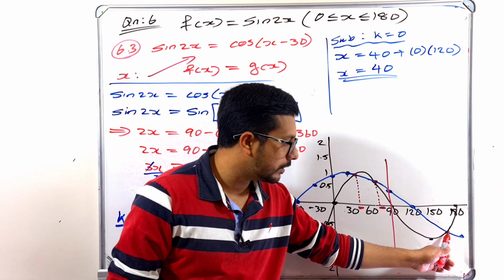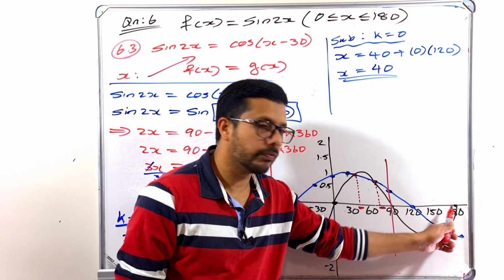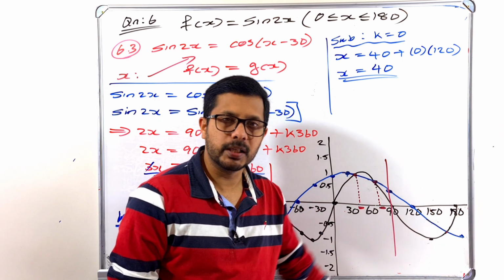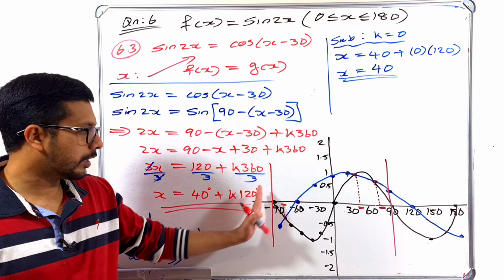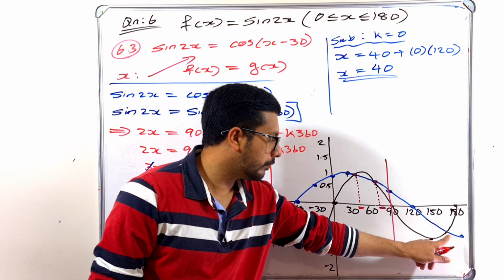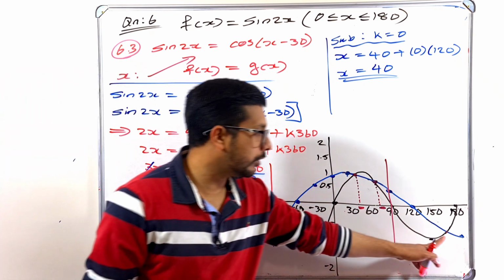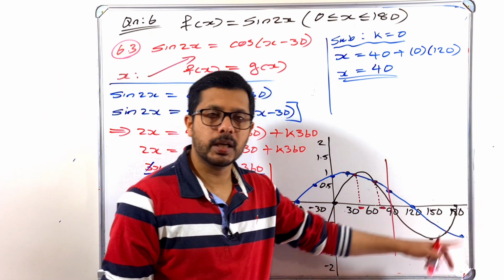Can you see that? That is this point, 160, because that is between 150 and 180. But in this question, our interval is from minus 90 to positive 90, so we don't want the x value of that point. Anyway, now we know that it is 160.